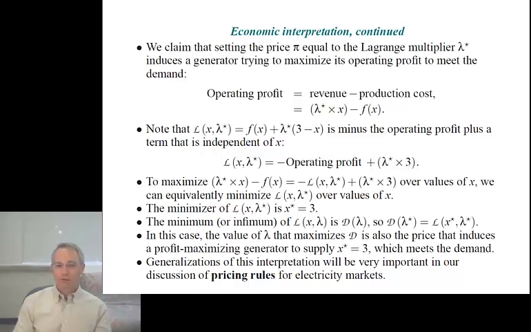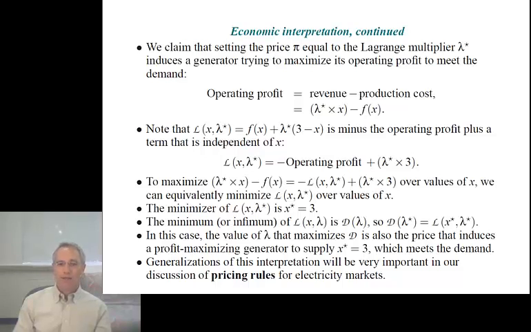In particular, the Lagrangian is equal to minus the operating profit plus lambda star times 3. Well, if we wanted to maximize the operating profit over values of x, we could have equivalently minimized the Lagrangian over values of x.